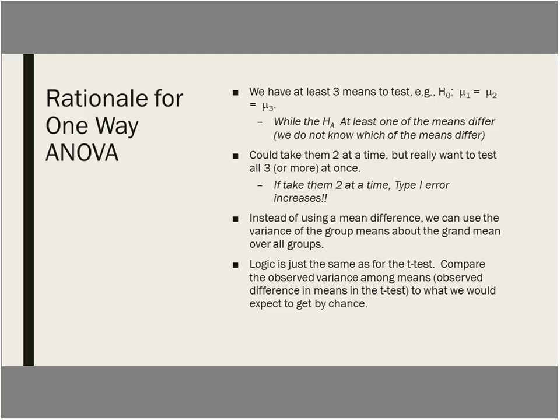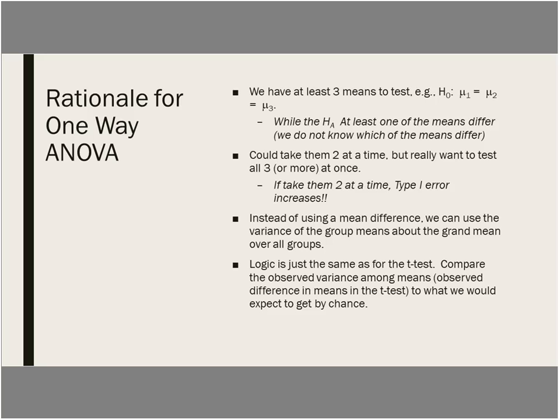So instead of using the mean difference, we use the variance of all the group means about the grand mean over all groups, and then we test it. Eventually we get an F-test to determine whether there are any differences between the means. The logic is the same as your t-test.